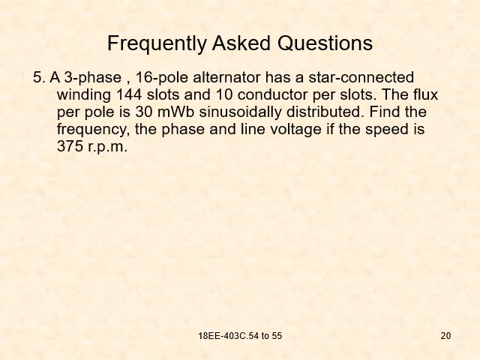There are also some more questions. A 3-phase 16-pole alternator has a star connected winding of 144 slots and 10 conductors per slot. The flux per pole is 30 milliwebers sinusoidally distributed. Now find the frequency, the phase and line voltage if the speed is 375 rpm.